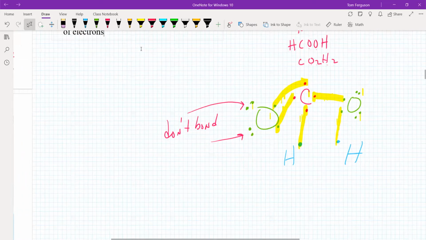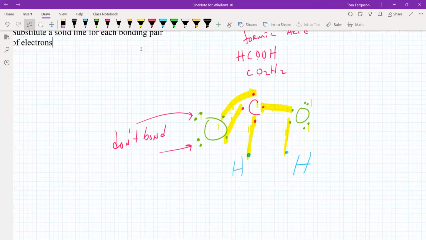So we get all this stuff worked out, then we redraw it a second time. Now notice the carbon oxygen here has 2 double bonds. And we have 1 bond here. And we have 1 bond to the oxygen. And that oxygen bonds to the hydrogen.